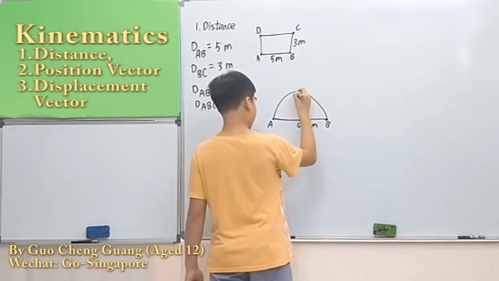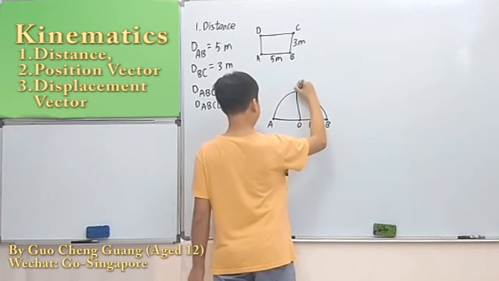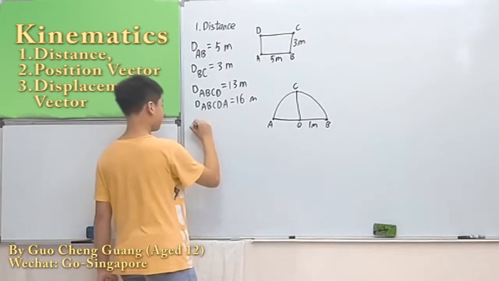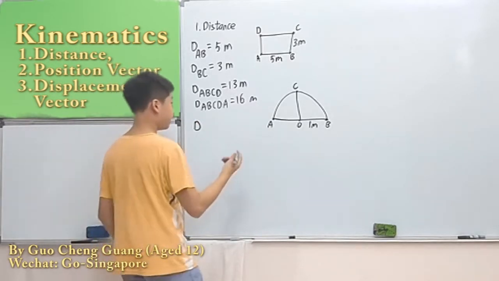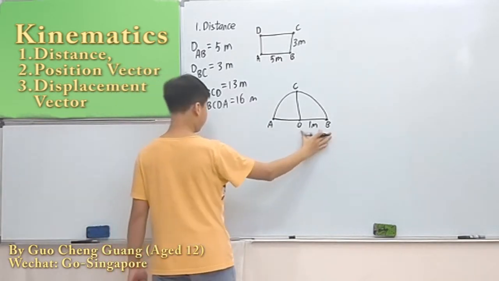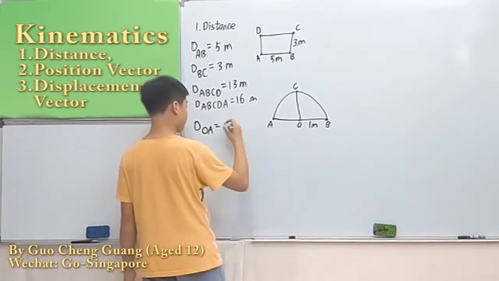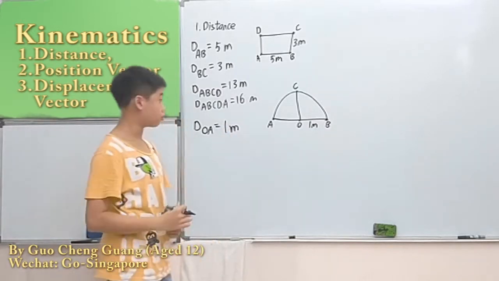After that, starting from here, you get a C. So they can give you these different points. If they ask for OB, like OA, that's just another radius, so it is just 1 meter.